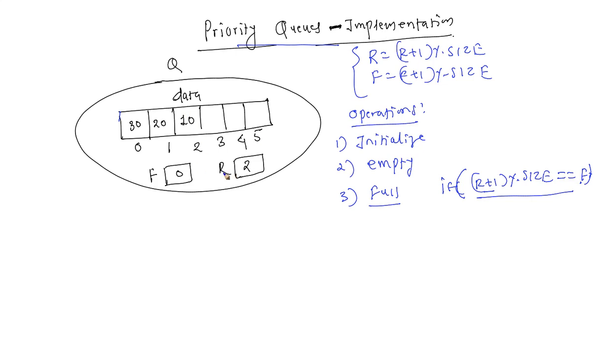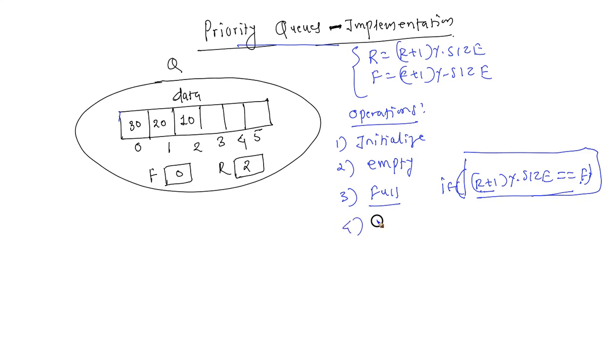Of course, if I want to access f and r by using the structure name, I have to use q dot r and q dot f, but I'm avoiding those complexities. Whatever location, r will give me the value of r. So r plus 1, that is 3 mod size, is 6 here. If that is equal to f, then we'll say the queue is full. The same condition was there in the circular queue for checking if the queue is full or not. The same formula we'll use here.